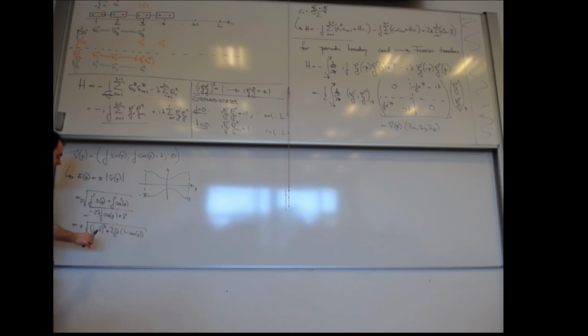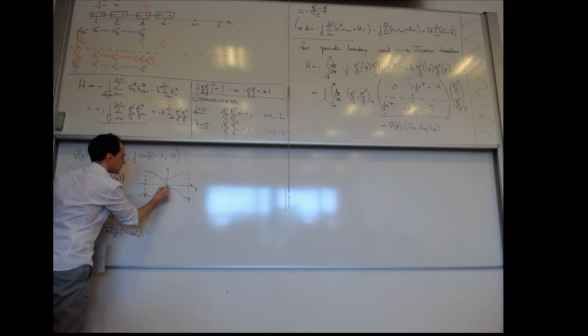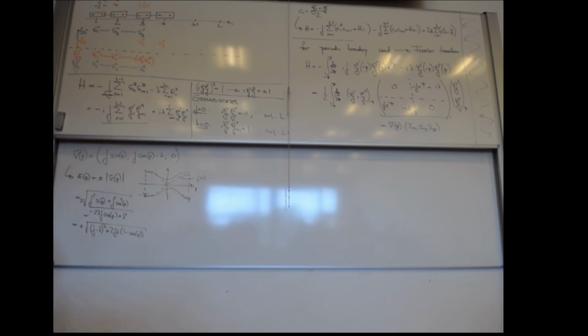This is at all points except for the situation when j equals lambda. When j equals lambda, there is a touching point. Here. This would be the dispersion relation for j equal to lambda.